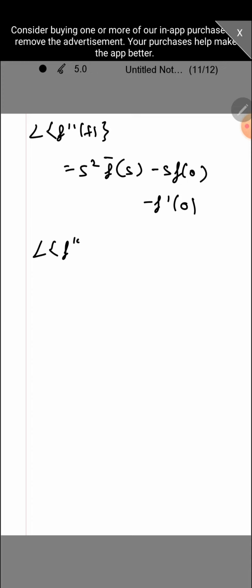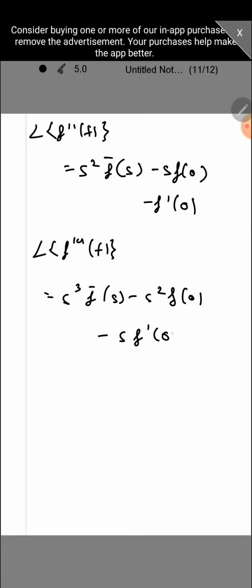Similarly, L of the third derivative gives you s cube F bar(s) minus s square f(0) minus s f dash 0 minus f double dash 0, and so on. Got it? Clear?